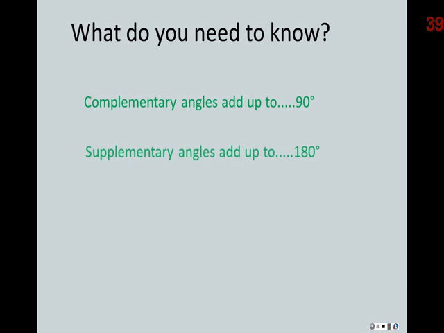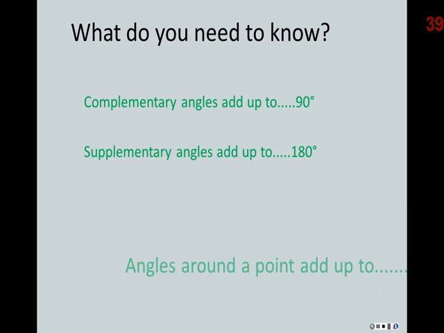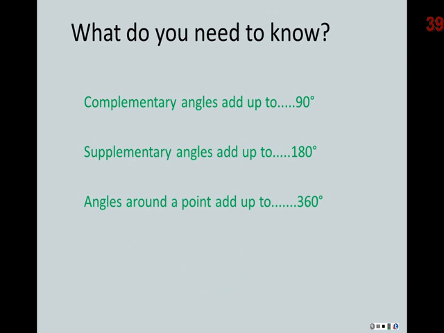Remember that complementary angles add up to 90 degrees, supplementary angles add up to 180 degrees, and all of the distances around a point create a special shape. And what's that shape? A circle. Circles total 360 degrees.